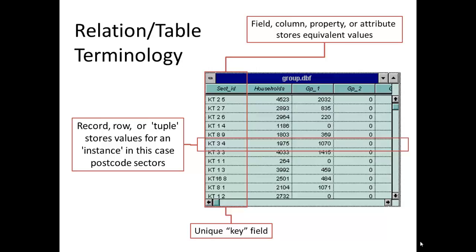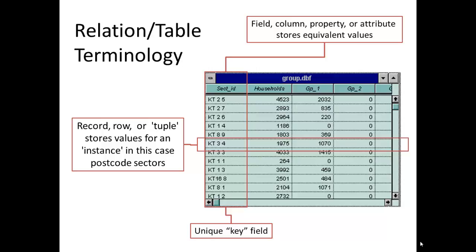And then for each of those rows, we have the number of households and then the numbers of various groups and things like that. So information about postcodes goes all in the column here, information on how many households there are goes in this column, households, and information about the postcode goes directly to the postcode number. Well, that's a table. You know what a table is.